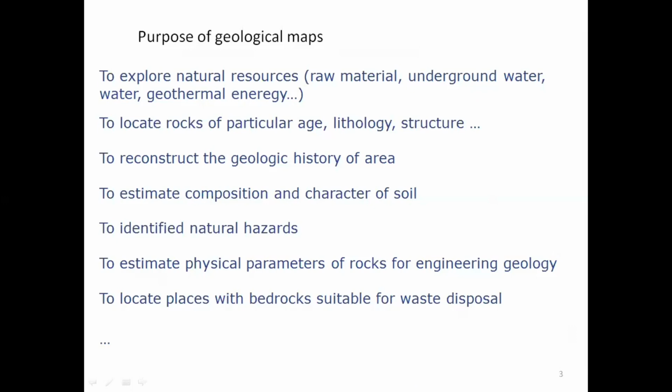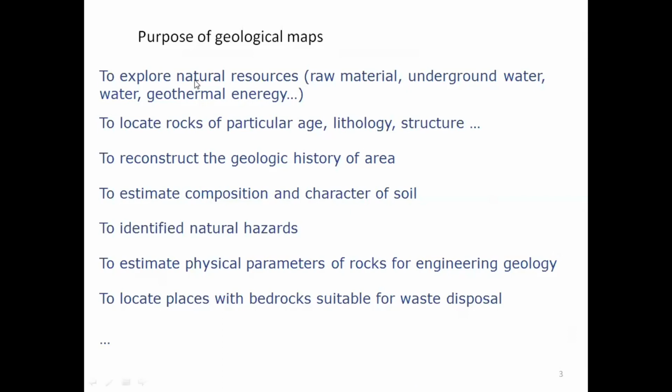The purpose of geological maps: we have different purposes. The first is that you have an understanding of the location of various rocks, various lithologies and various structural geological features. Then come natural resources.